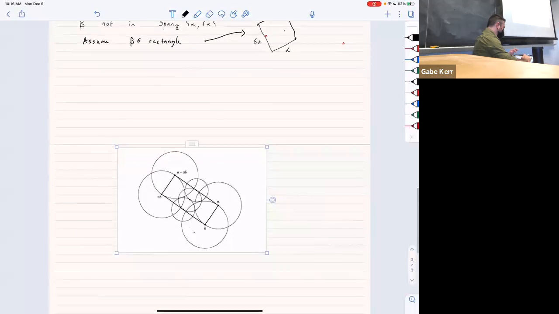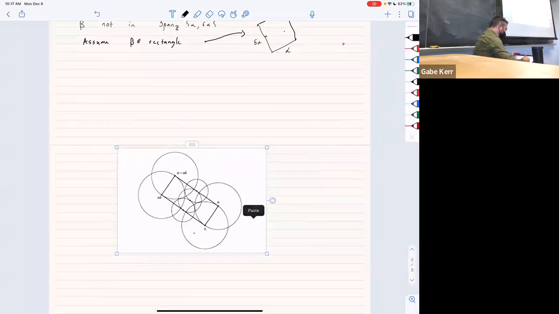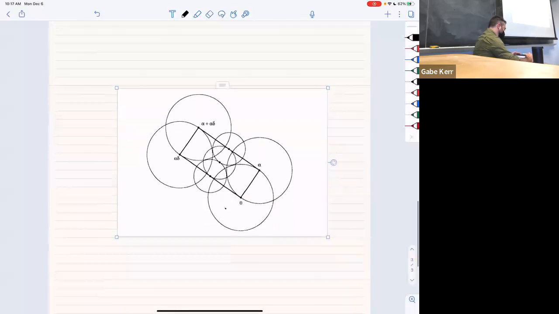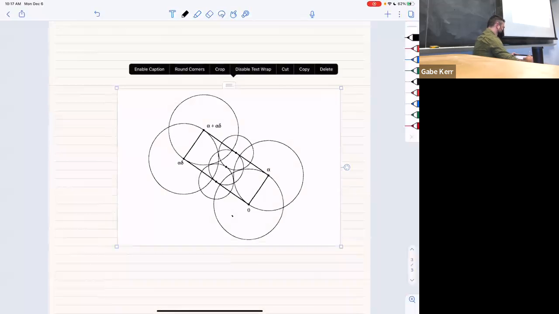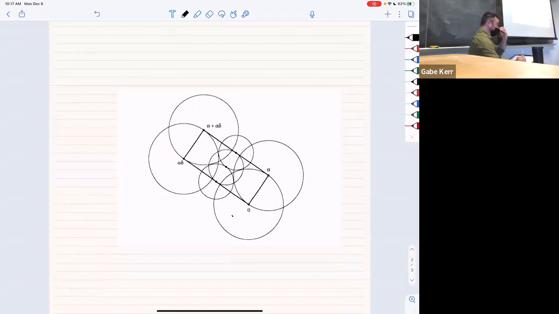So what he does then is he says, okay, well, let's take a look at what can happen. He says, let's creatively cover this rectangle. And he does so with, he says, okay, well, alpha by definition in the theorem is minimal norm, meaning it's the minimal distance to the origin. And so this R that we had in the lemma is precisely this distance here, alpha 0.